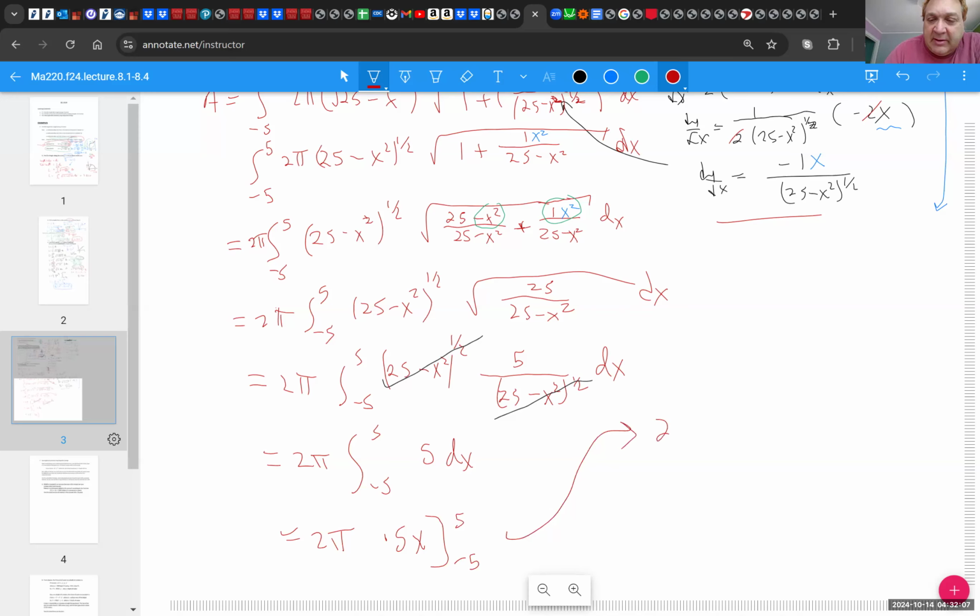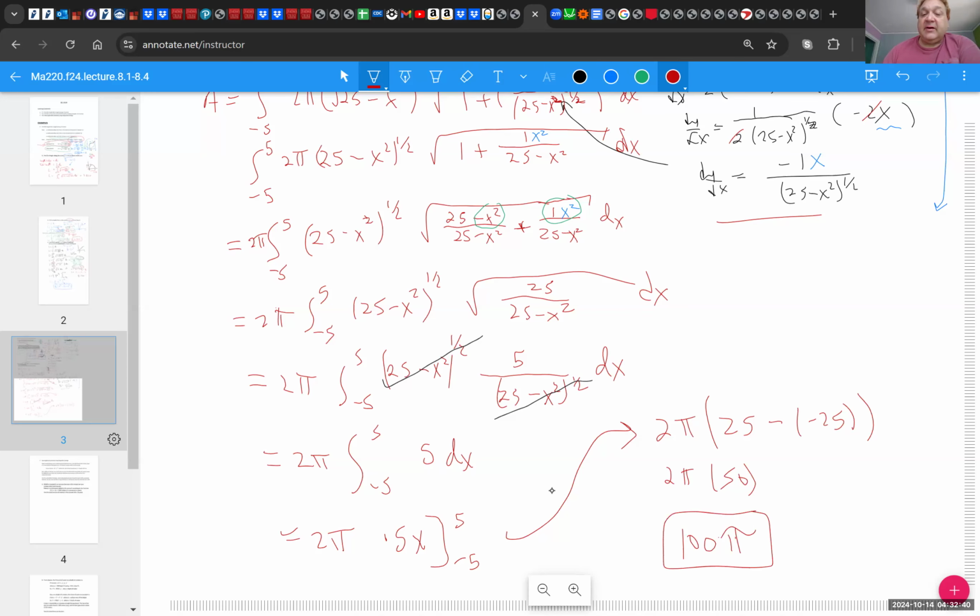I get 2 pi times, when I plug in 5, I get 25. When I plug in -5, I got to subtract that. So I plug in 5 minus when I plug in -5. When I plug in -5, I also get -25. So that's 25 minus -25, which is 2 pi times 50, or 100 pi.